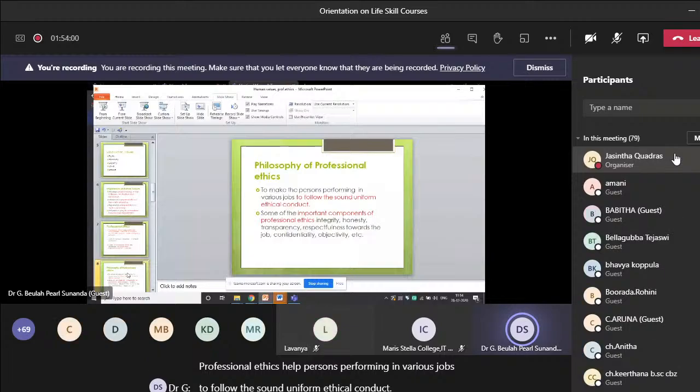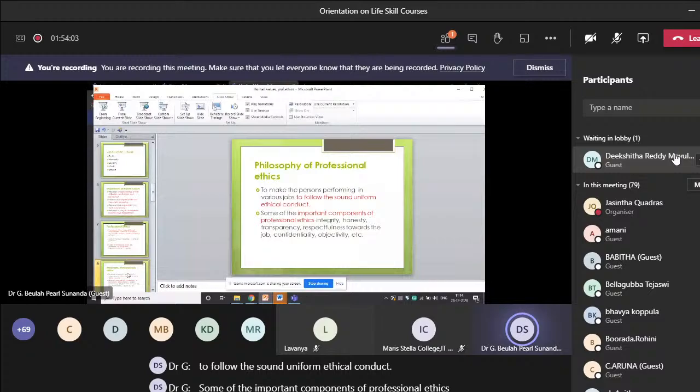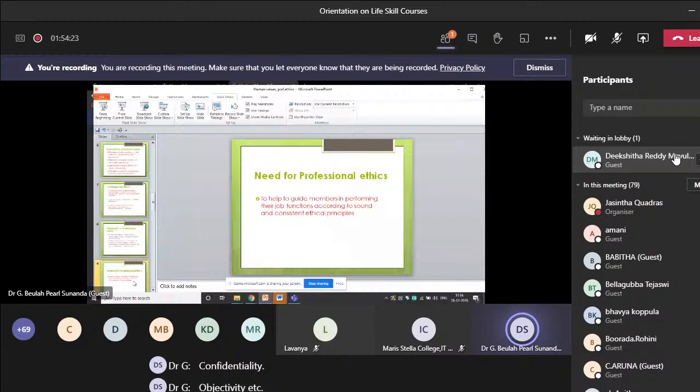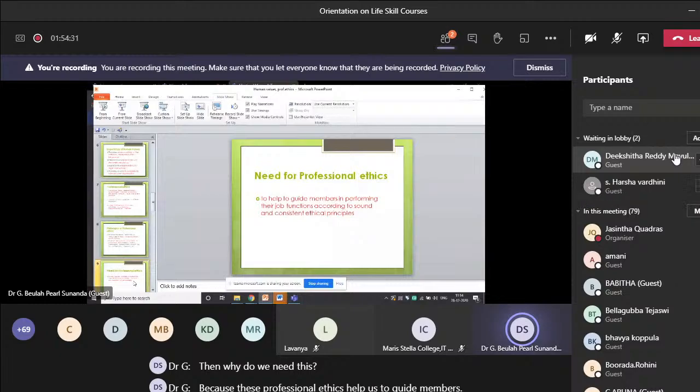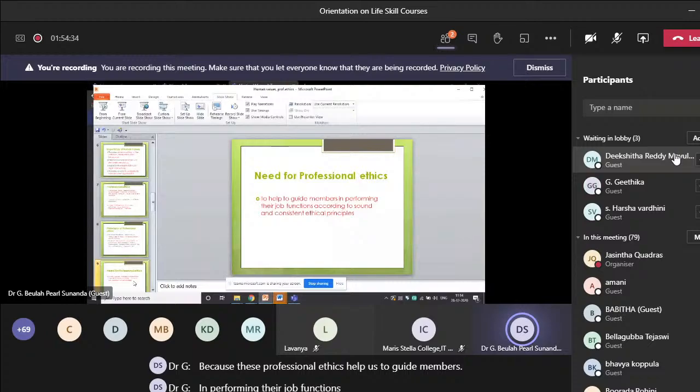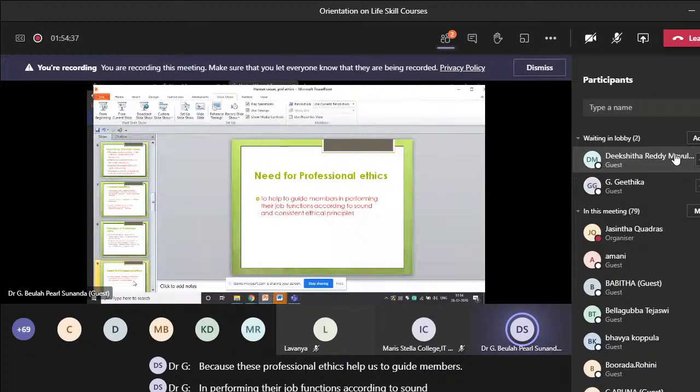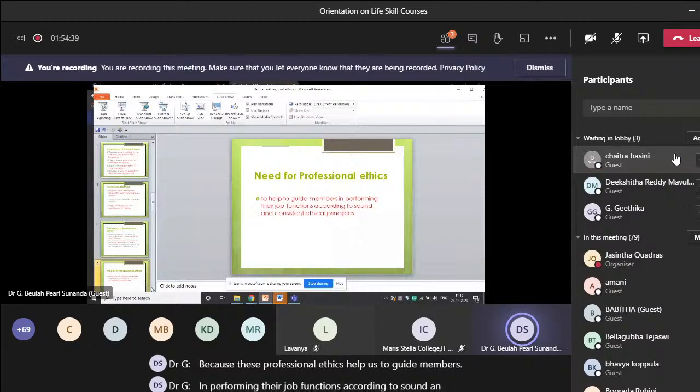Some of the important components of professional ethics include integrity, honesty, transparency, respectfulness towards the job, confidentiality, objectivity, etc. Then why do we need these? Because these professional ethics help us to guide members in performing their job functions according to sound and consistent ethical principles.